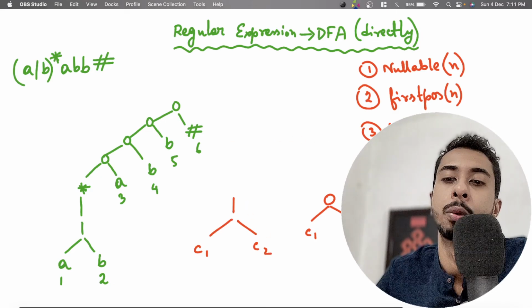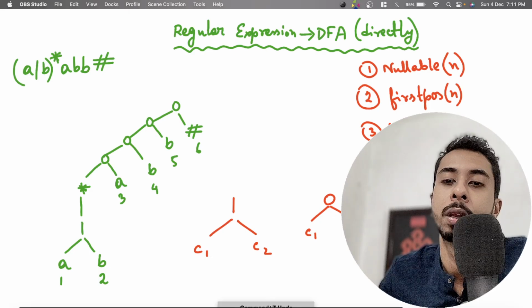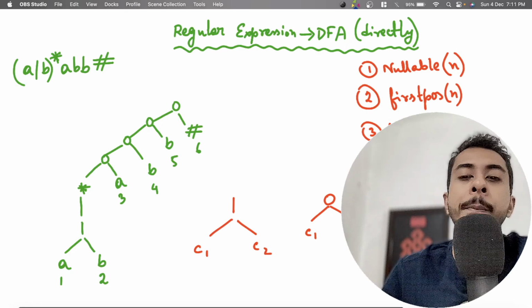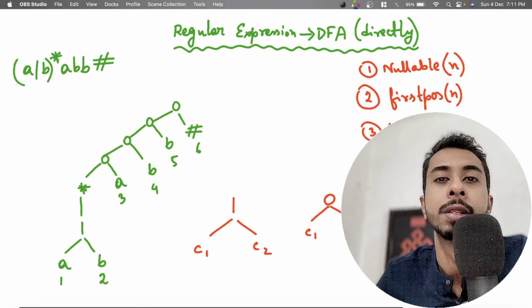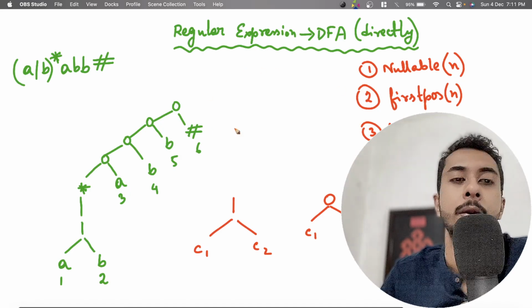What about the star node? Always remember, whatever the case, how many children it has doesn't matter. A star node will be applicable for a single child. Let's say we have C1 or C2, whatever. So a star node is always nullable. You have to understand this, because what is the meaning of star?